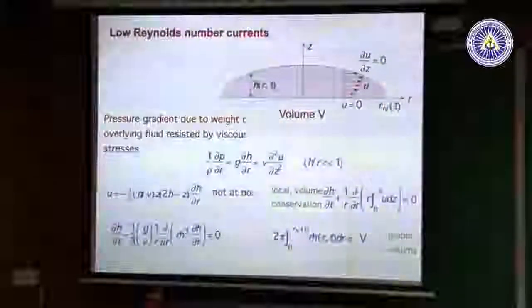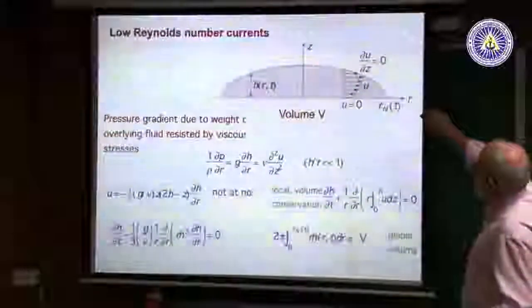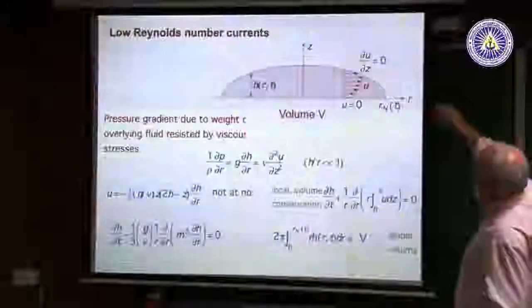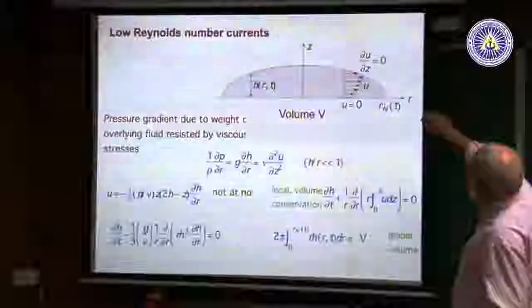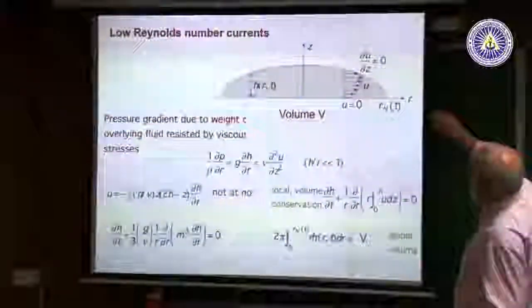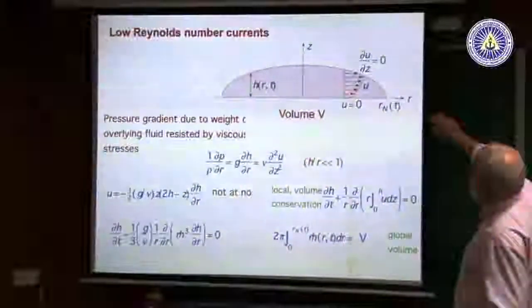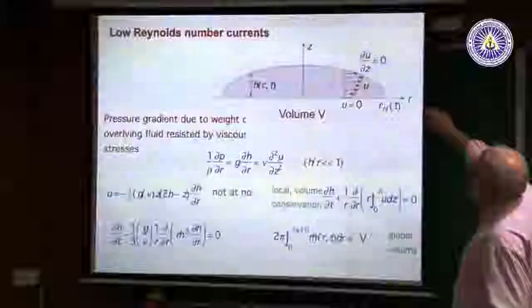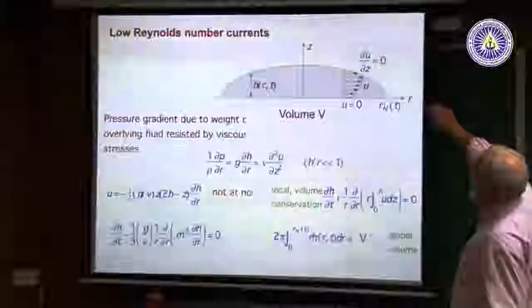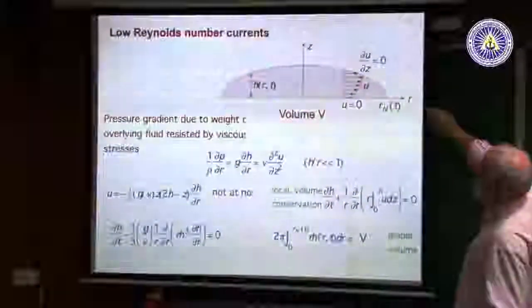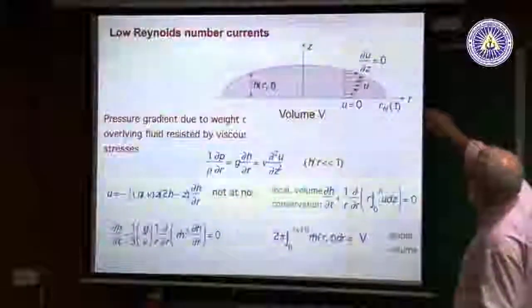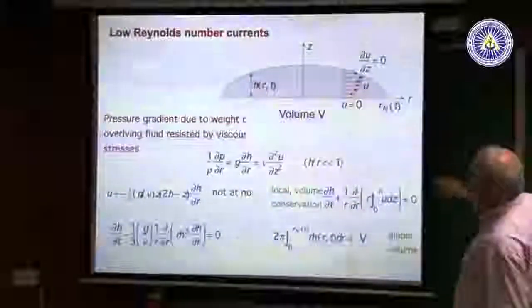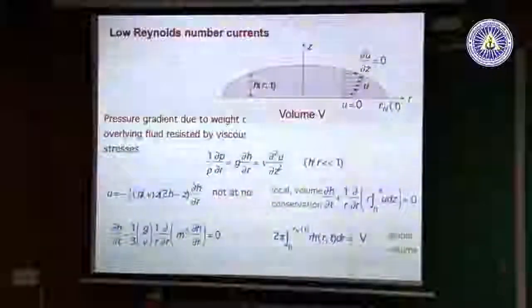Then there's local volume conservation, and we've met that a number of times already this week, which says if there's more fluid that comes in here, a bigger flux than comes through this vertical surface, then the difference in flux has to be taken up by the surface rising. Well, it really goes the other way around. The surface drops down, but that's all taken into account here.